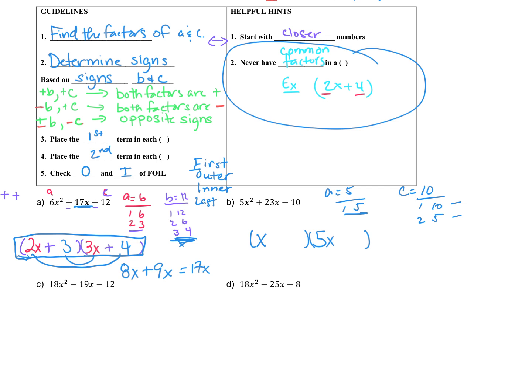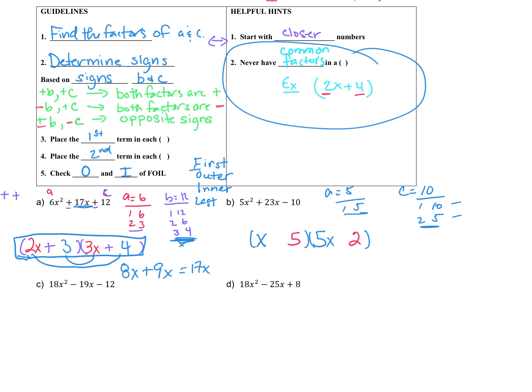If I use this one, I cannot put it in this order, because the 5s cannot go together. They have the same factor. So if I switch it the other way, where I have a 2 here and a 5 here, then I'm okay.